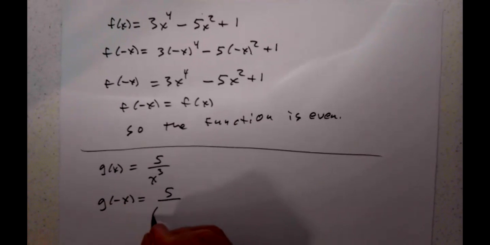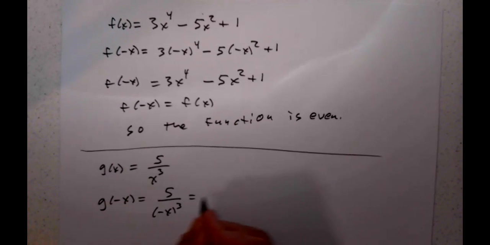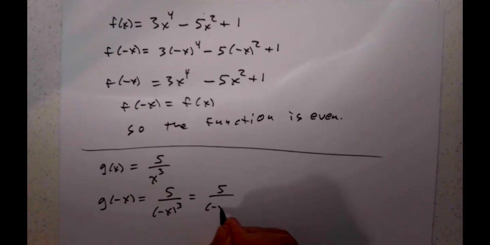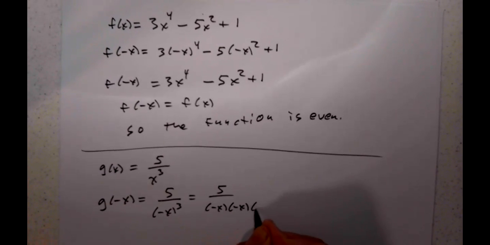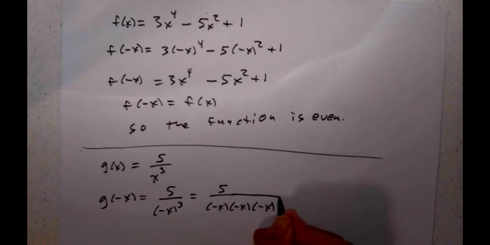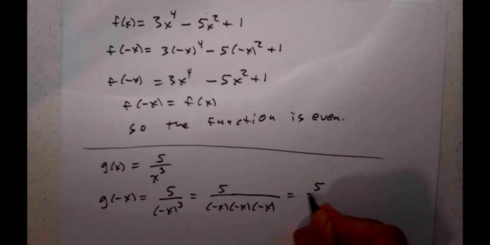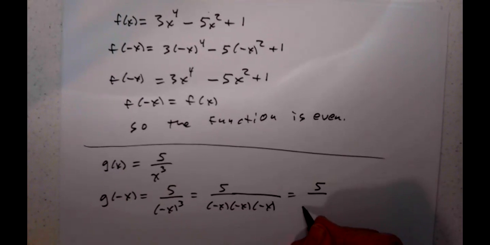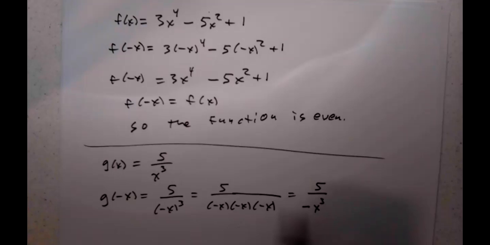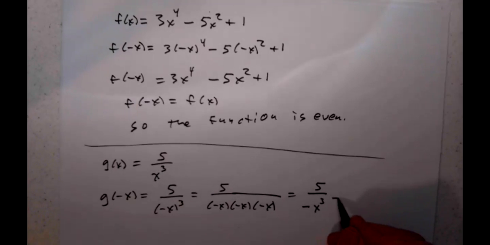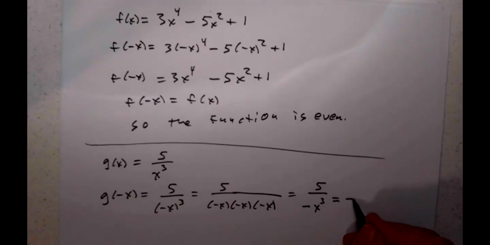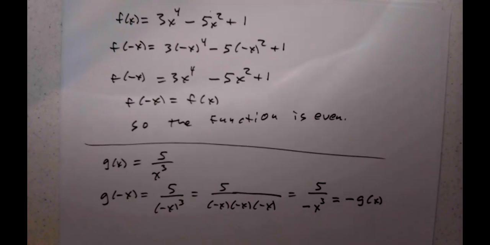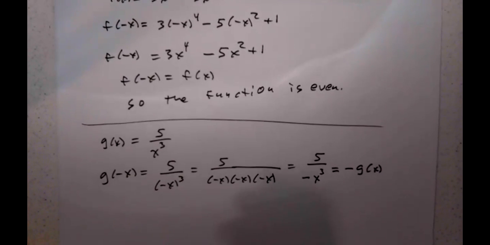That is 5 over negative x to the 3rd power, which is 5 over negative x, negative x, negative x, right? Negative, negative is positive times negative is negative: 5 over negative x cubed. That is not the same as g of x, but it is the opposite of g of x. Okay. So g of negative x is the opposite of g of x. Therefore, our conclusion is that g is an odd function.